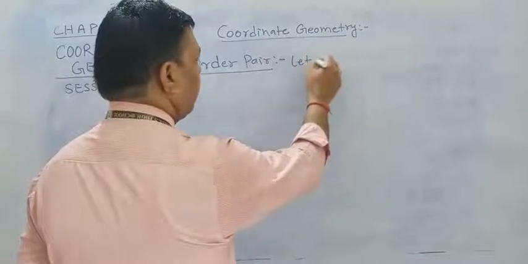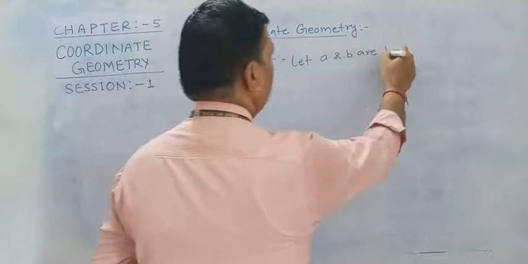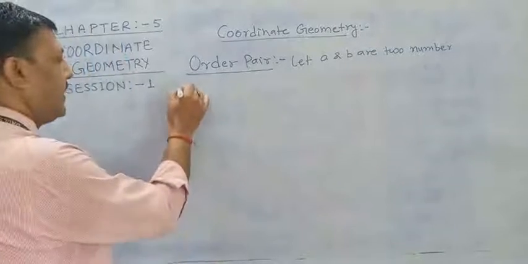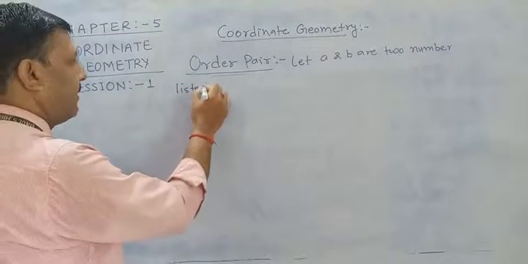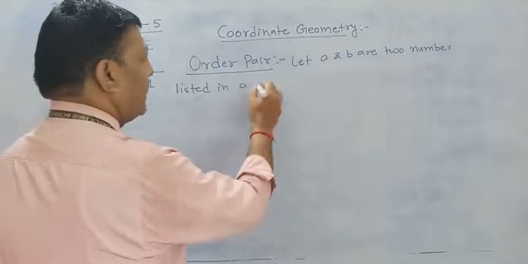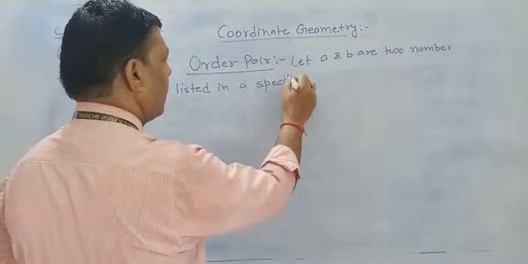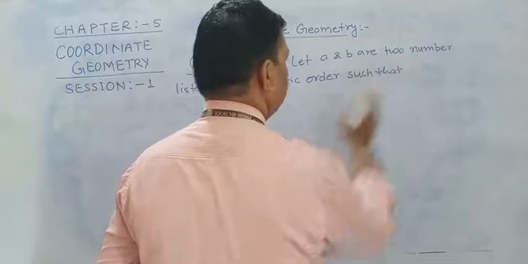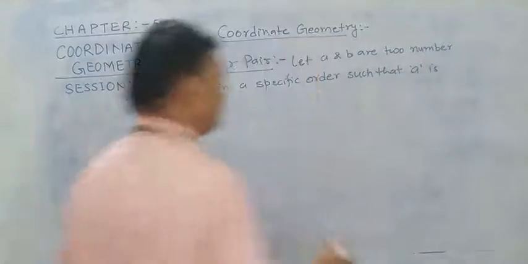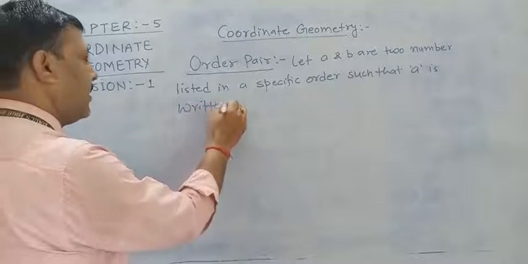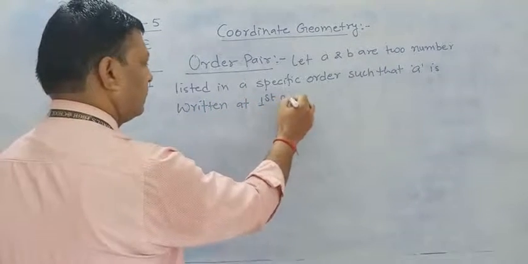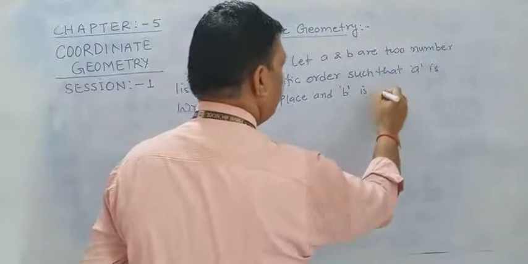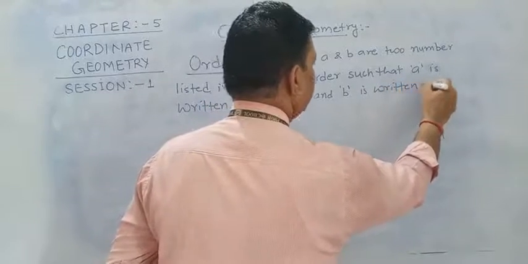So let A and B be two numbers listed in a specific order such that A is written at first place and B is written at second place.